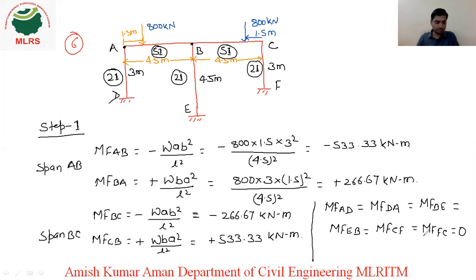All will be 0 because no loads are there. If there is no loading condition, the fixed end moment will be 0. So all these fixed end moments MFAD, MFDA, MFBE, MFEB, MFCF, MFFC will be 0 here. Okay, so our first step is completed, that is all about fixed end moments.